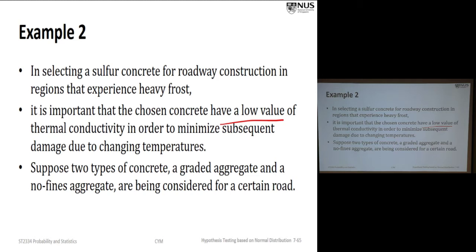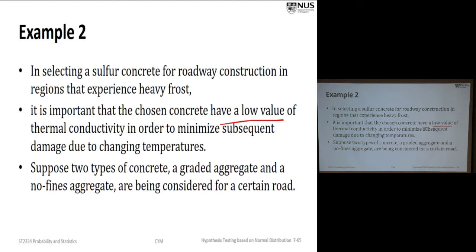When we say a low value of thermal conductivity, we are looking at the average thermal conductivity of those types. Just like whether male is taller than female. I can always pick one short male and one tall female and conclude that male is shorter than female, but this is not what we accept. When we say male is shorter than female, we're talking about the average height of males being shorter than the average height of females for the population. The same applies here.